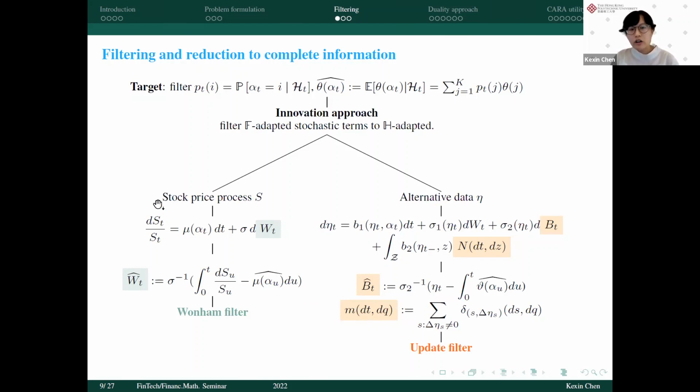And if only the stock price process is observed, this will readily lead to the classical Kalman-Bucy filter, whose dynamic only involves the \hat{W}_t. But if we observe additionally the alternative data here, then the dynamic will be an updated filter whose dynamics will also involve \hat{B}_t and this \hat{M}.